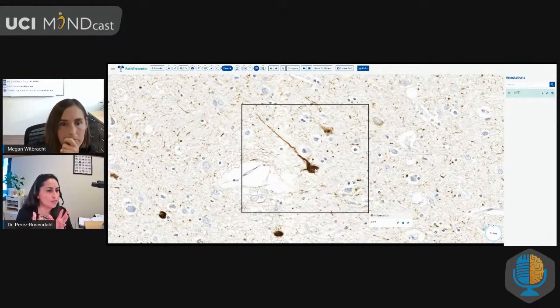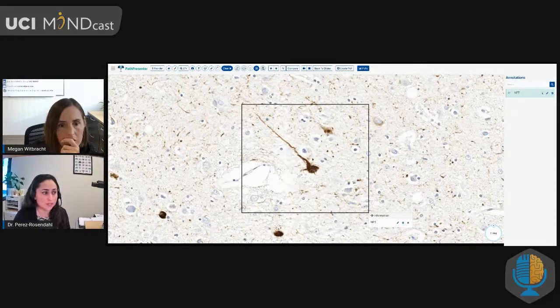So tau is actually inside the cytoplasm of the neurons, and so it takes on the shape of the neuron. So here you can see you have a neuron, and it's full of brown. Again, brown is positive, and in this stain is staining for tau. You can see that there's a lot of tau accumulation inside of the cytoplasm of this neuron, and it has actually highlighted one of the extensions or processes coming off of this neuron here.